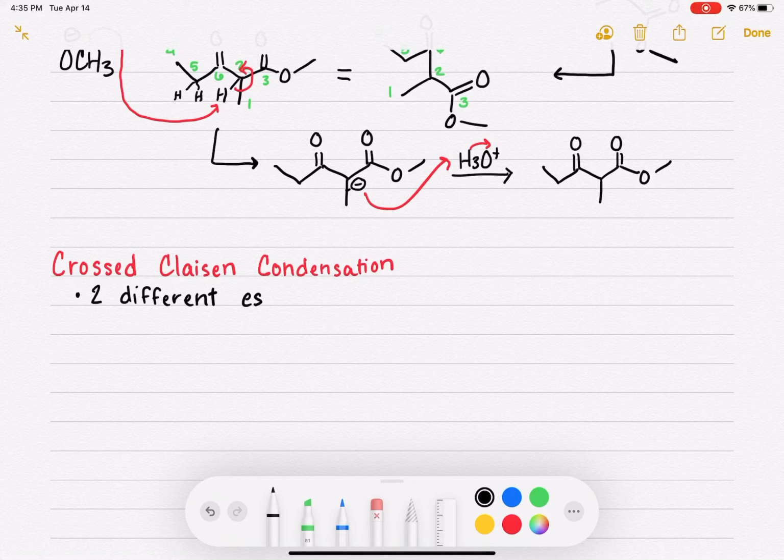And just like with the crossed aldol reaction, we do have the potential for making up to 4 total products of the reaction.